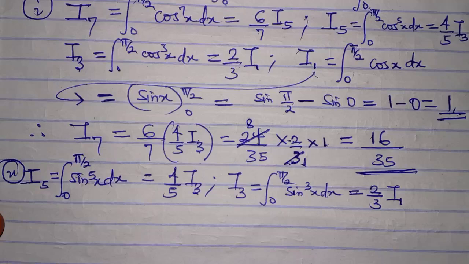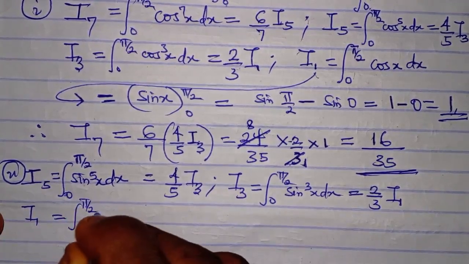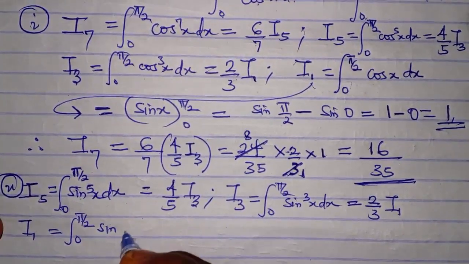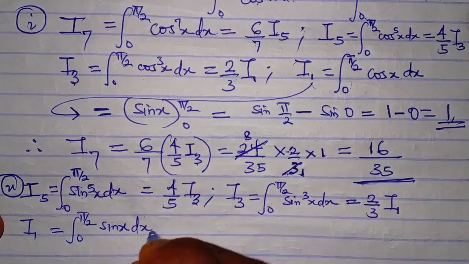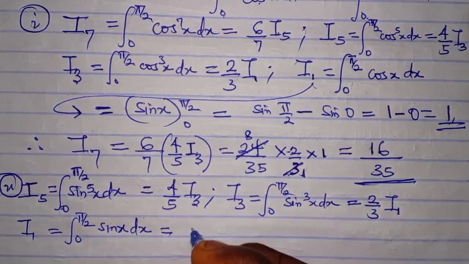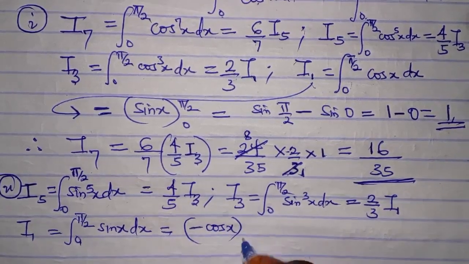What's I1? The power of sine x here is 1. That's sine x dx. Integrate sine x to get minus cos x. Remember, the integral of cos x is sine x, but the integral of sine x is minus cos x, from 0 to pi over 2.